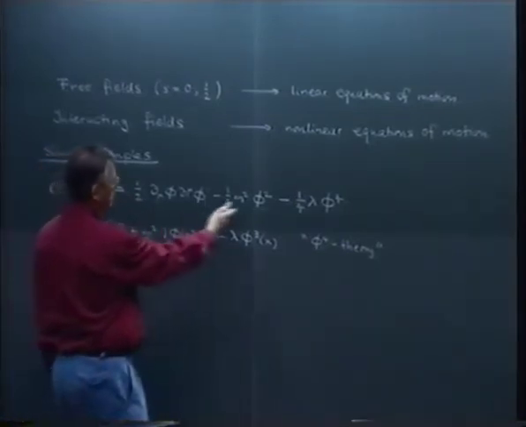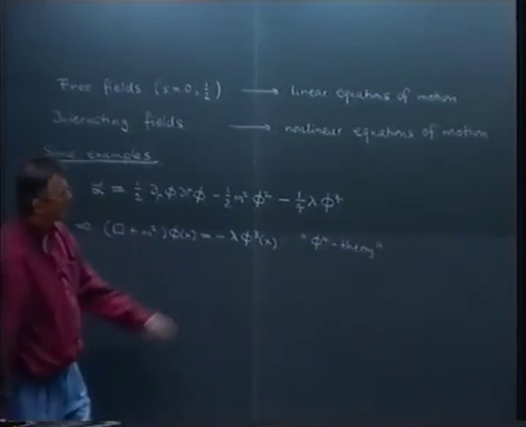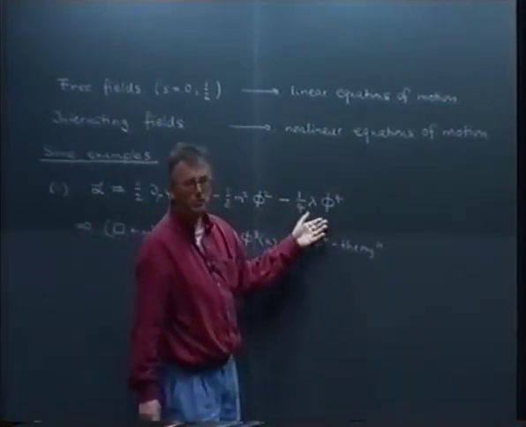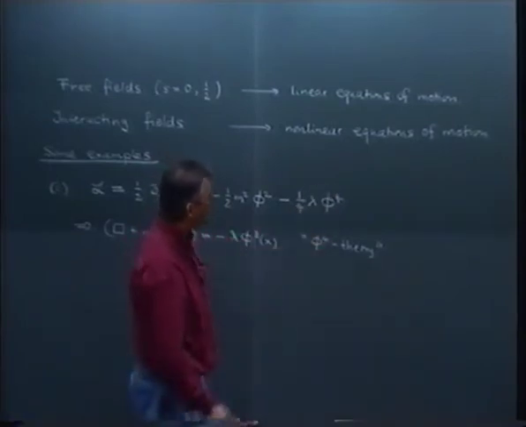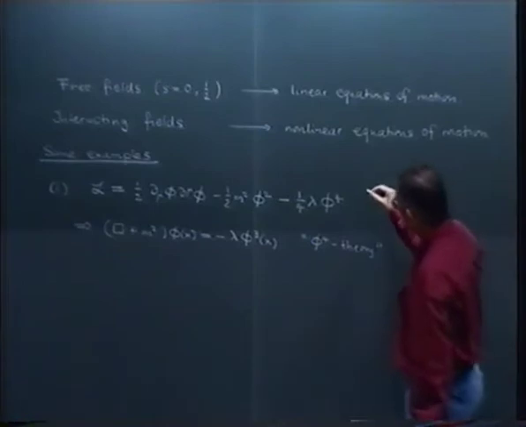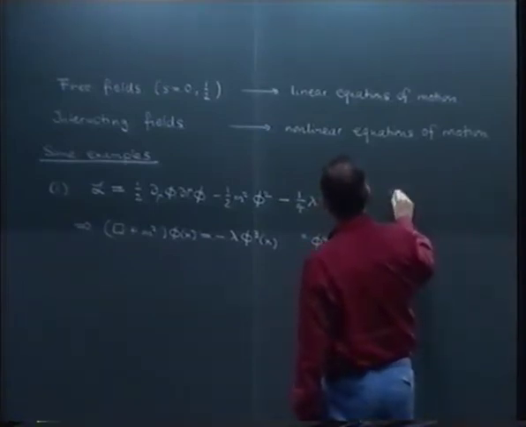We have the free part of the Lagrangian, and now here we have something, well, this is a 4th order monomial, and this we can schematically describe by writing a vertex with 4 lines coming into it.